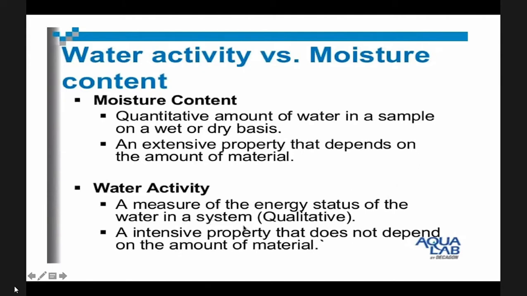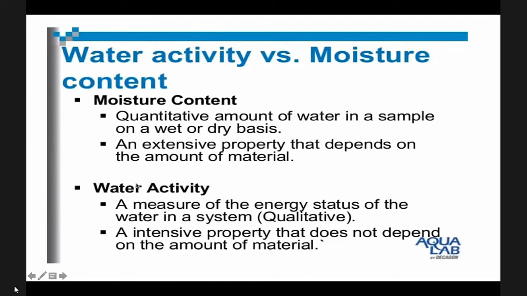An example of an intensive property is temperature. It does not depend on the amount of the material. Even if it is homogeneous, whatever part you take, the value is the same. Also concentration, and density is also an example of an intensive property.